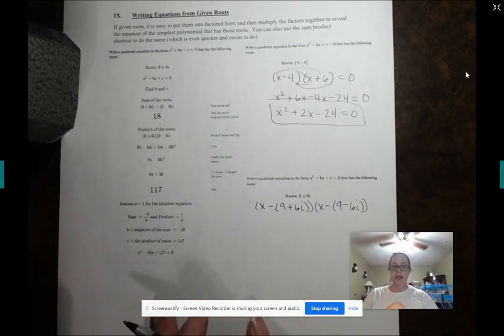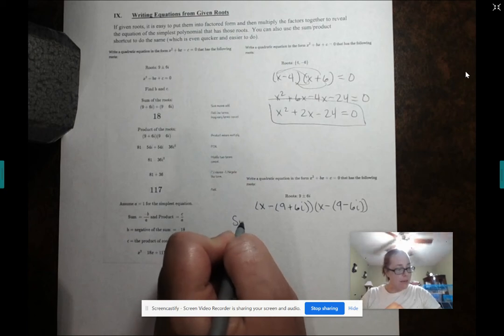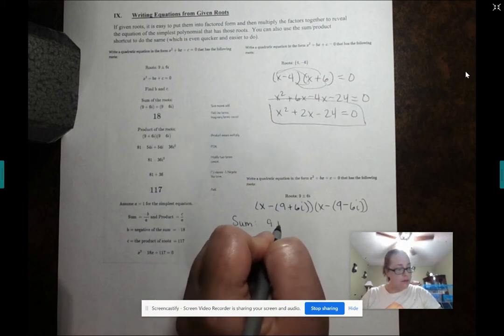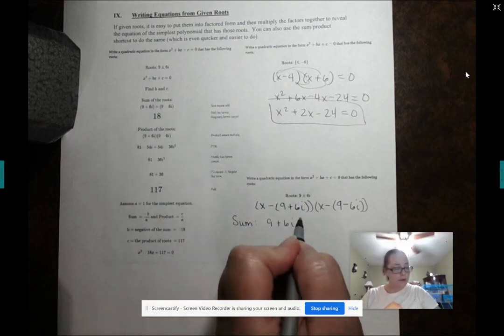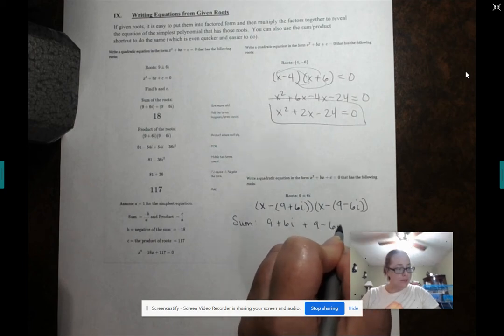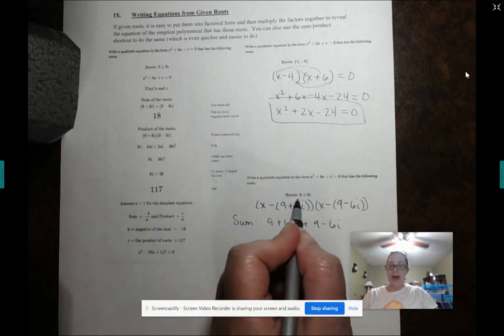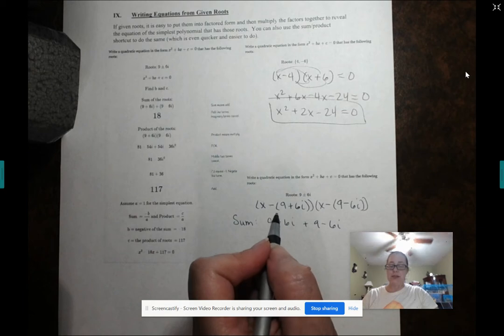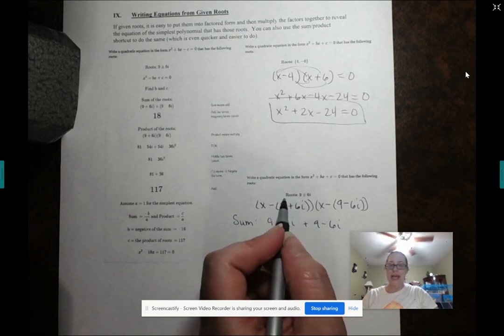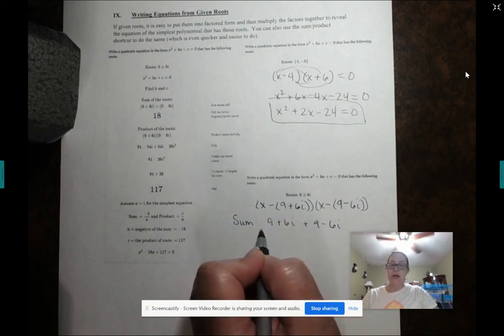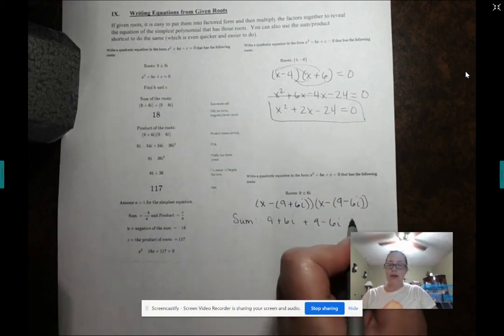So what you're going to do is take the sum of those two roots, the positive version and the negative version. And when you add 9 plus 6i and 9 minus 6i, you get a sum of 18.